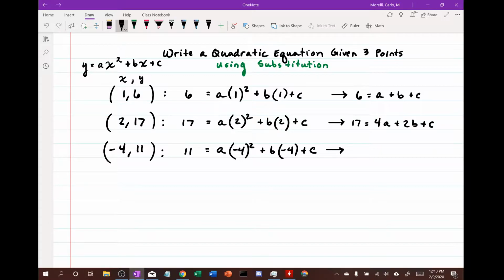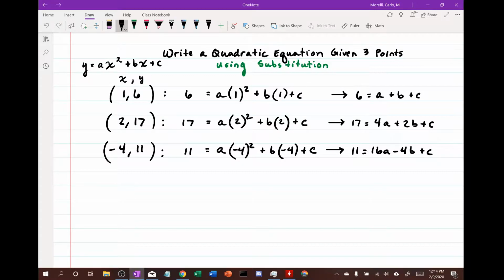And then for my third equation, I have 11 equals 16a minus 4b plus c.